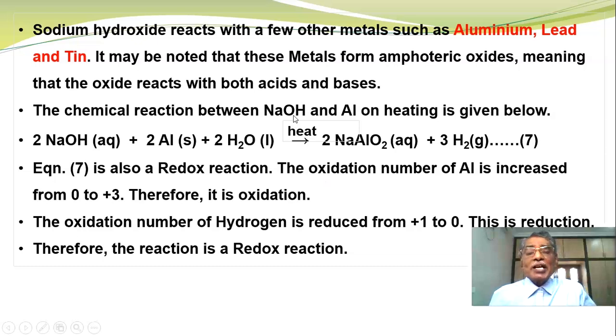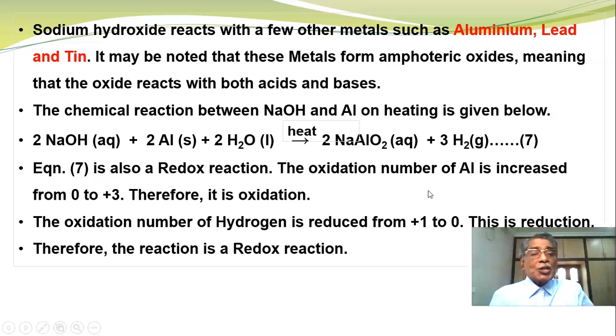The chemical reaction between NaOH and aluminium on heating is given below. 2 NaOH aqueous plus 2 Al plus 2 H2O, upon heating, gives rise to 2 NaAlO2, sodium metaaluminate, aqueous plus 3 H2. Equation 7 is also a redox reaction.